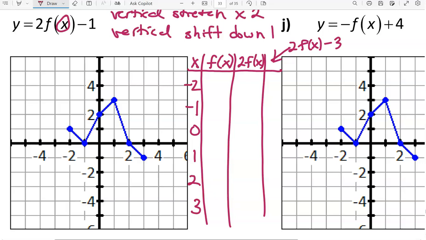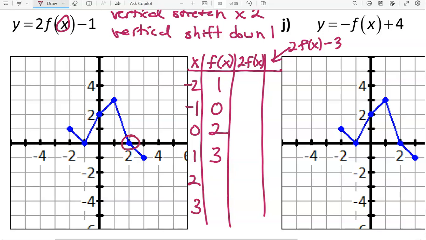f of those values can be just read from the graph. F of negative 2 is 1. F of negative 1 is 0. F of 0 is 2. F of 1 is 3.